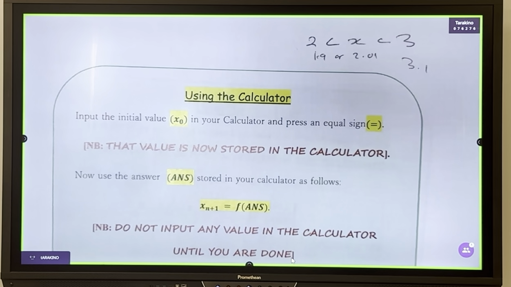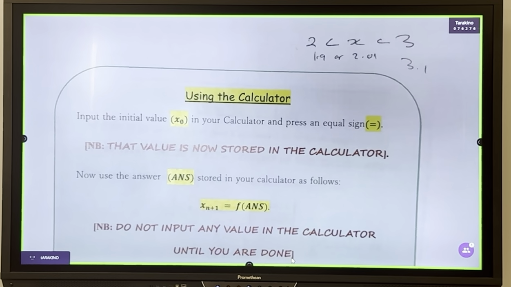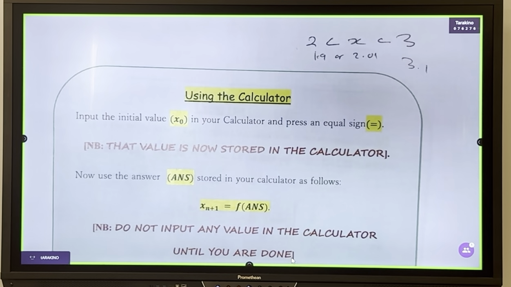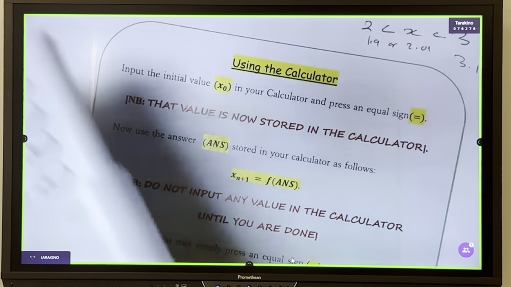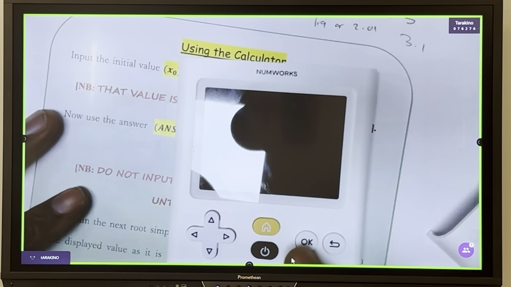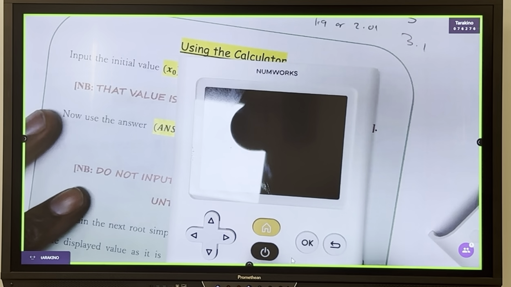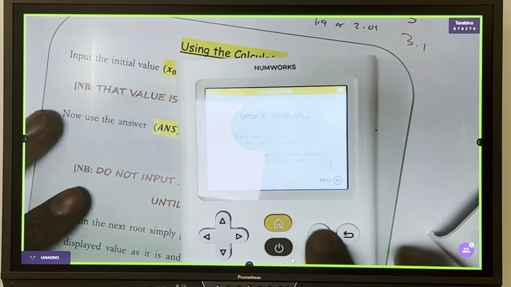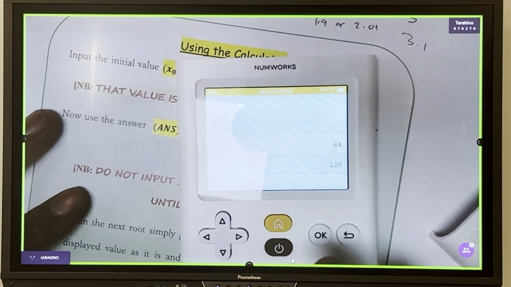So when you're using the calculator, first you have an initial value. So in this case, maybe my initial value here is, let me turn this on. All right, so maybe my initial value is 0.5.